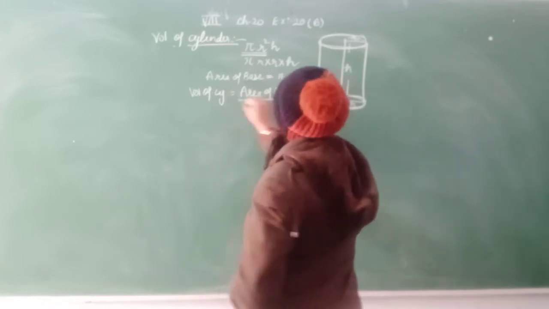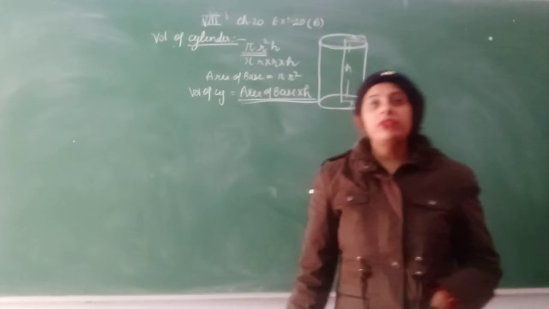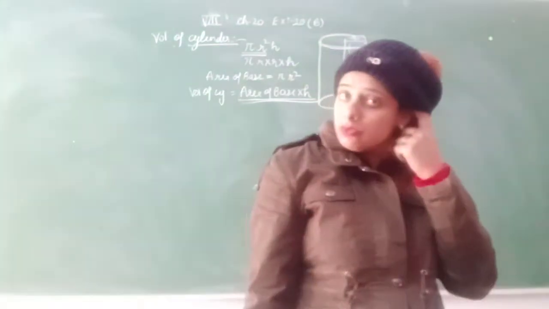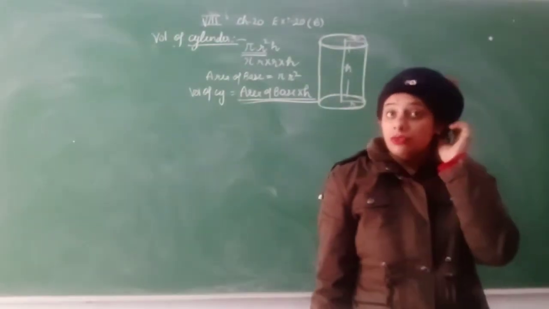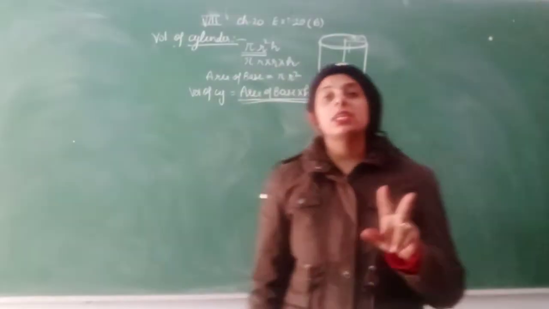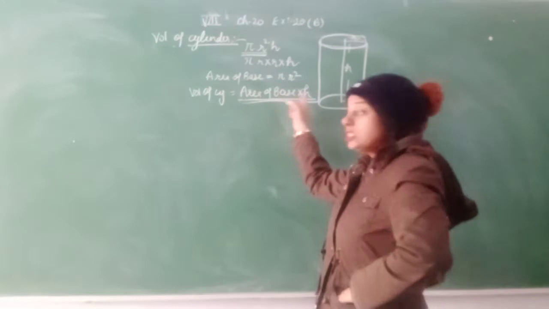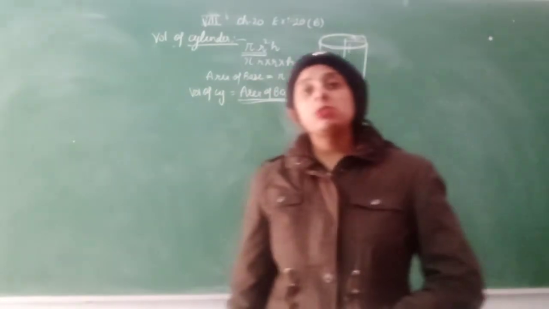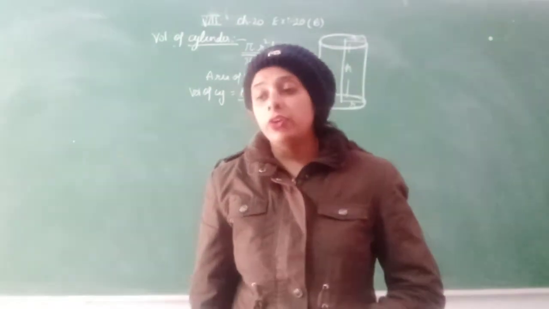This also gives the formula for the volume of a cylinder. So in this way you have two formulas. First, the volume of the cylinder is pi r square h, and the second is the area of the base multiplied by height.